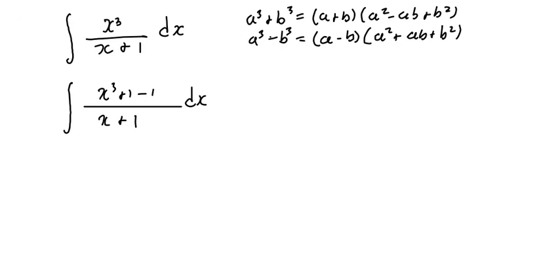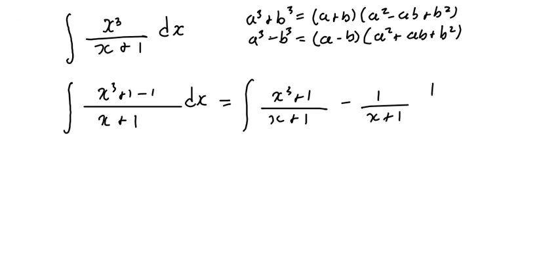So this can be written as, I'm going to separate it. It's the integral of x to the power 3 plus 1 divided by x plus 1, like this. Then I'll say minus, like this minus that I have here, 1 over x plus 1, then dx.